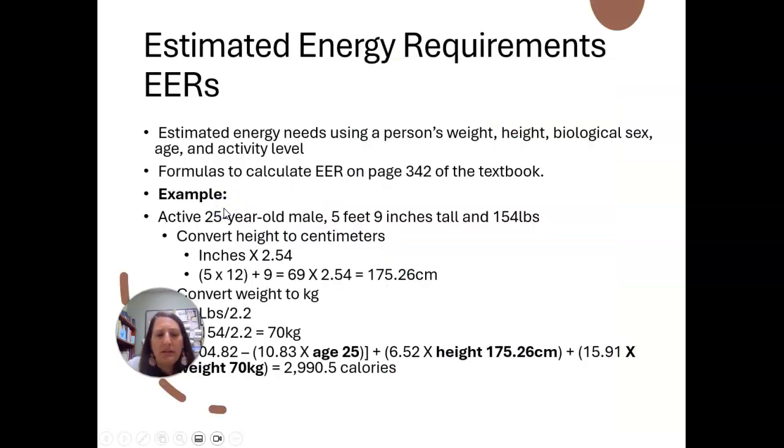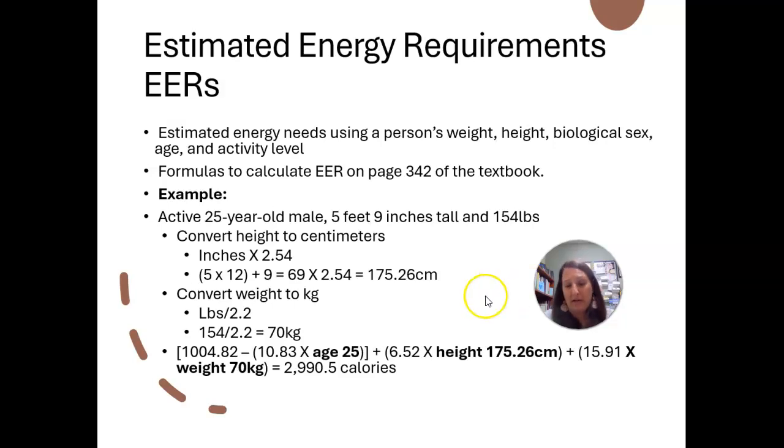So if I back up one slide, a better estimate that's a little bit more accurate, not as accurate as calorimetry, but a little bit more accurate, we need formulas. It's the same idea as we just saw in the table, but there's a formula that takes into account height and more specific activity levels.